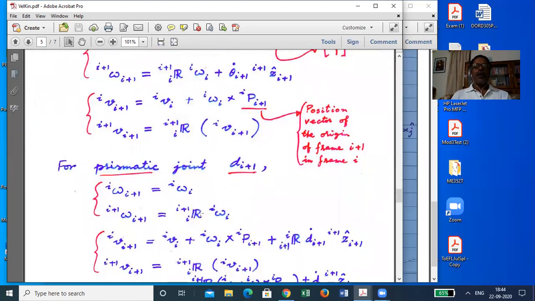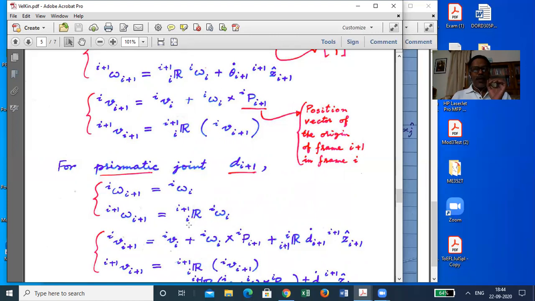So if the joint is prismatic, then whatever is the angular velocity of frame I will be the same as the angular velocity of frame I plus 1 when you express both of them in the same basis. And when you want to express the angular velocity of frame I plus 1 in that frame's own basis, then you have to transform this vector by this rotation matrix.